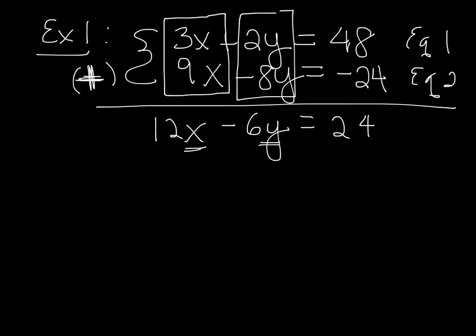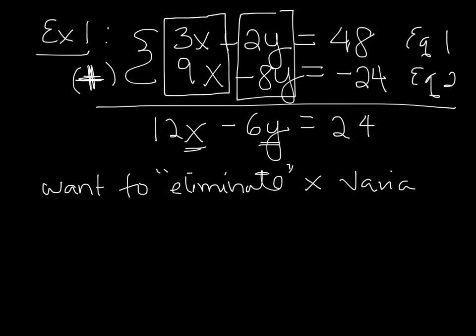So what I'm going to do is I'm going to multiply, let me maybe write this down. I want to eliminate my x variable.